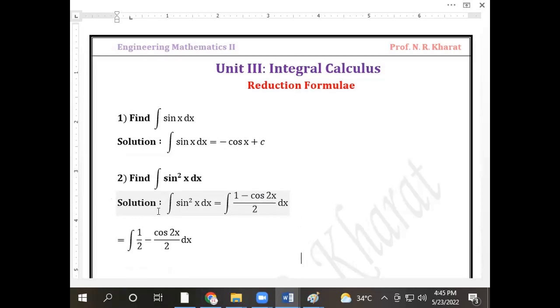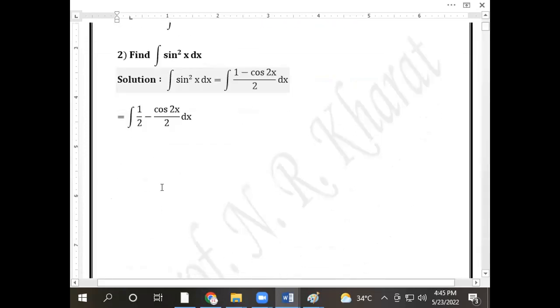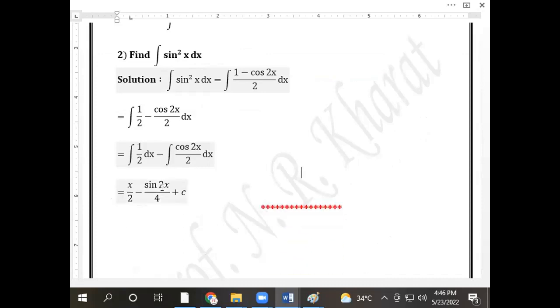We know that 1 upon 2 is a constant, so we make separate integrations. The integration of 1 by 2 is simply x by 2, and the integration of cos 2x upon 2 becomes sin 2x upon 4, because the coefficient of x in cos 2x is 2.